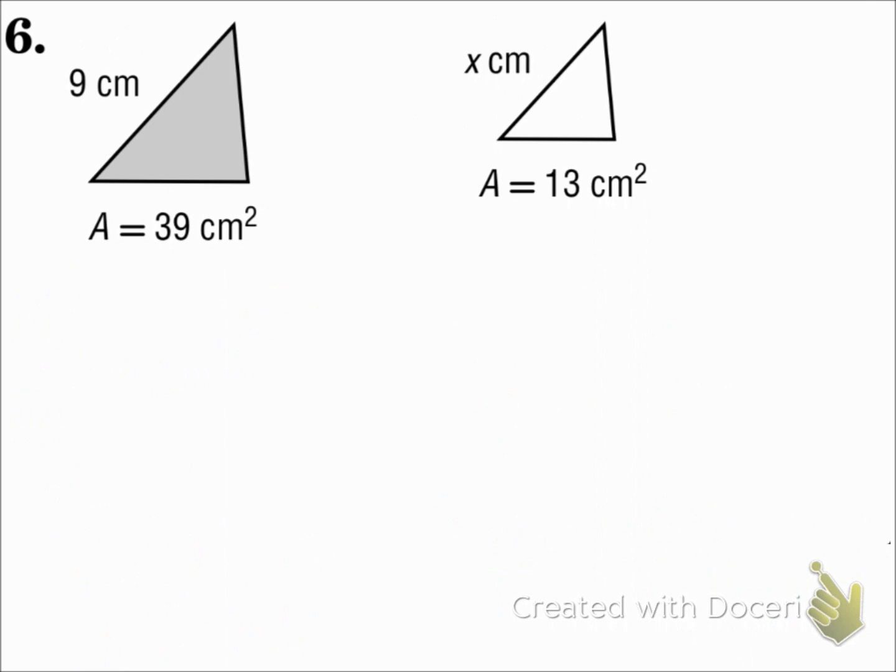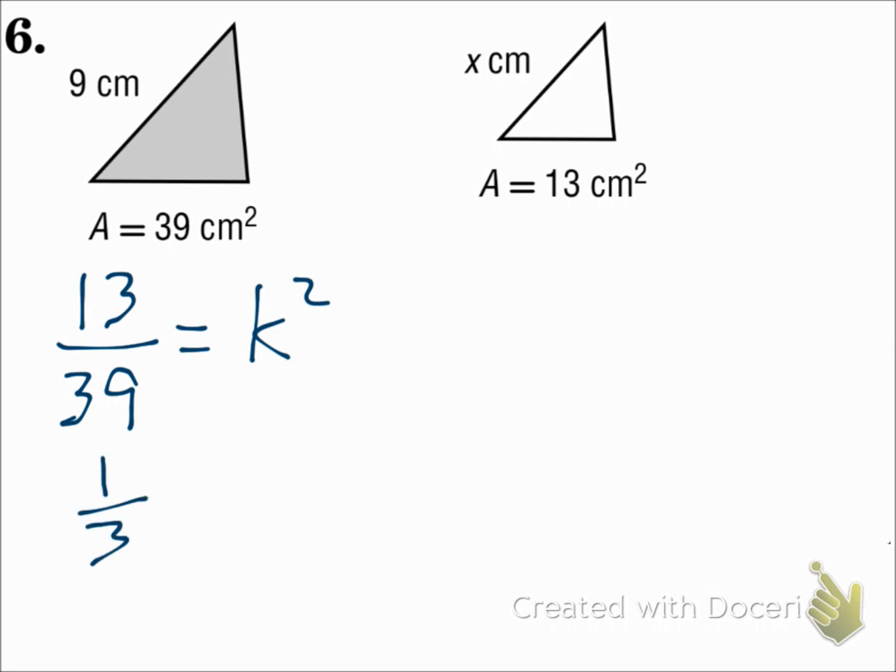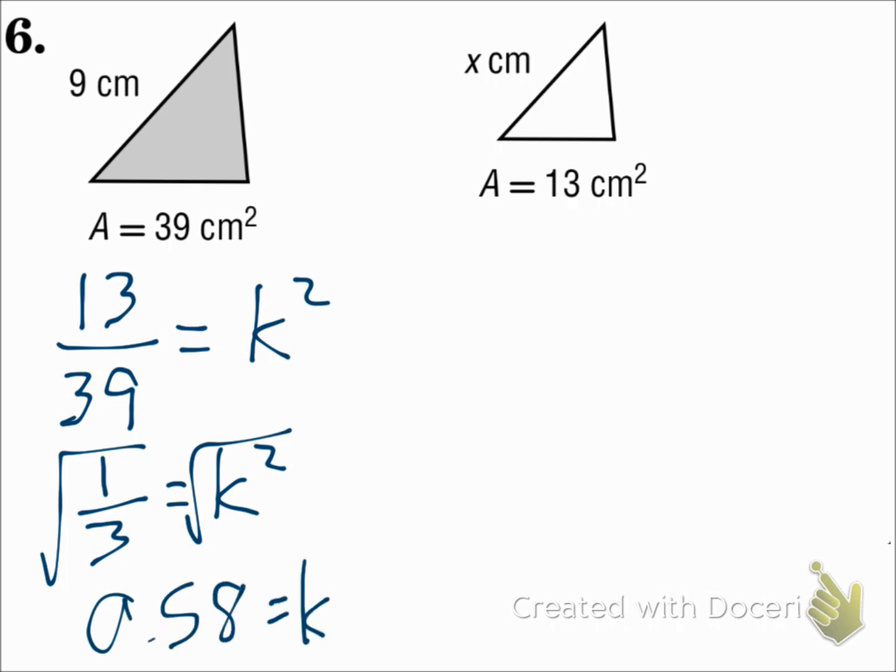For this one, to find the scale factor, do area over area, unshaded over shaded, and that equals k squared. 13/39 reduces to 1/3. Square root each side. And you get about 0.58 equals k.